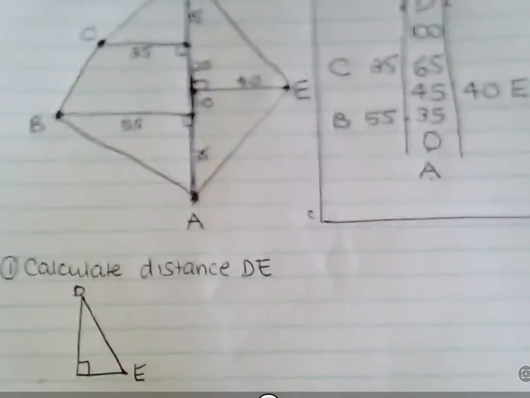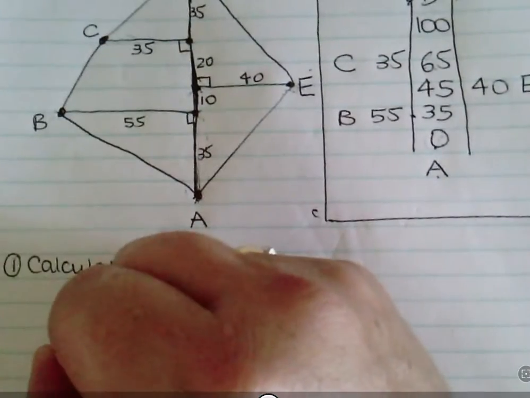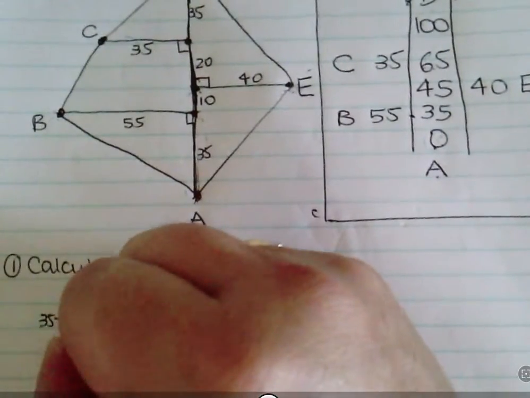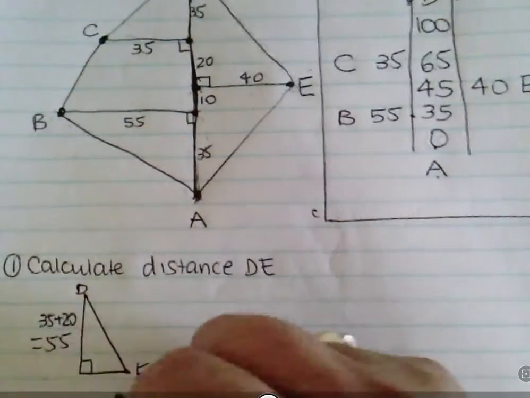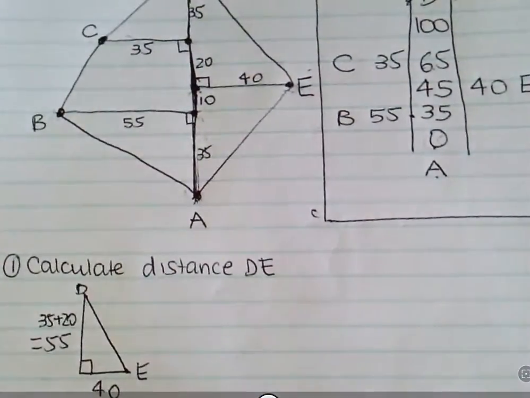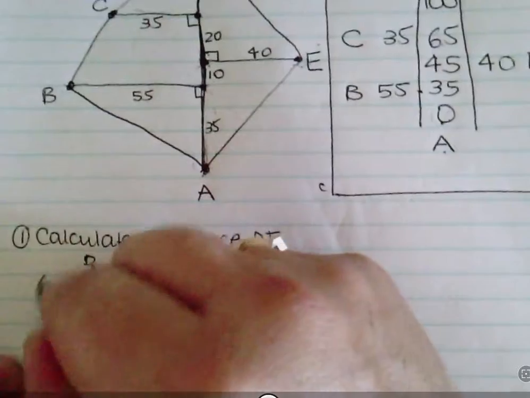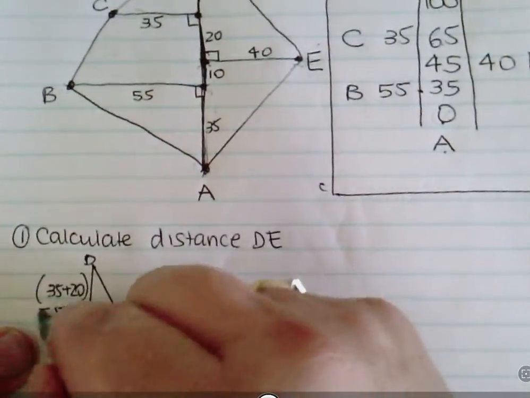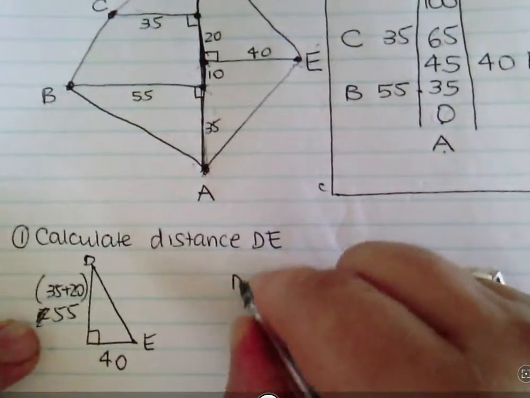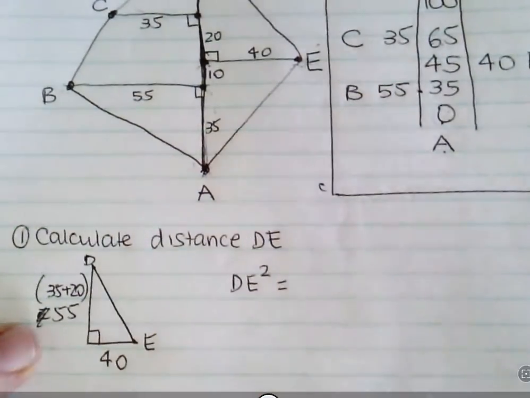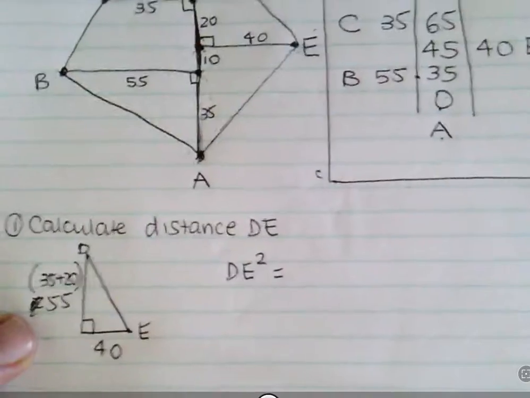Yes, you add them. So to get DE, I've got 35 plus 20 here, which is 55, and 40 down there. Are we okay? So it's actually 55. So I use Pythagoras' theorem. DE squared equals, what do we got, to work out DE.